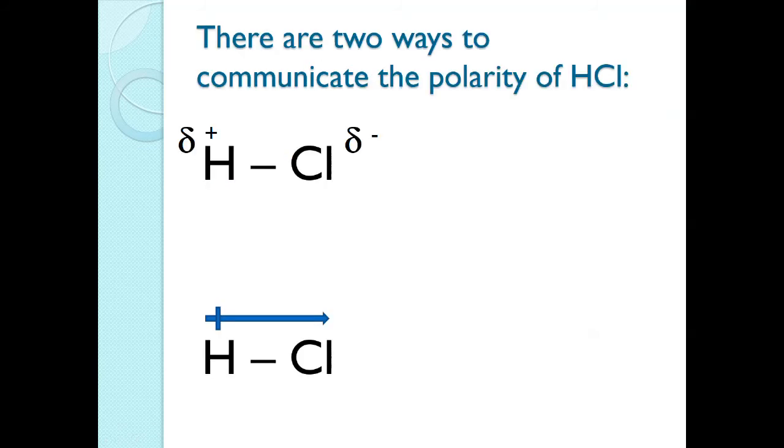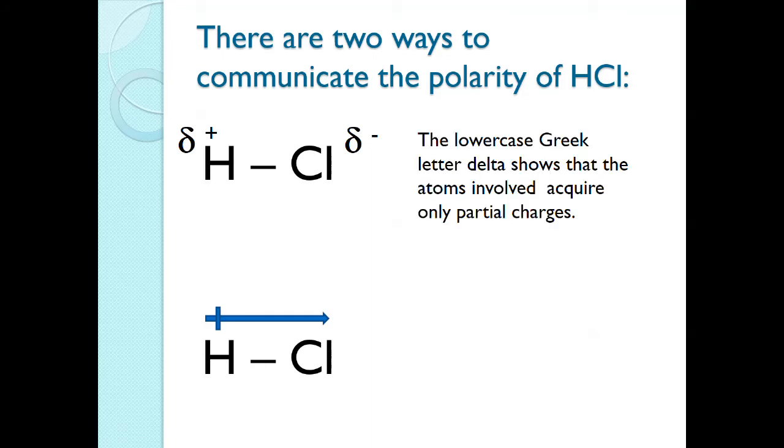There are two ways to communicate the polarity of hydrogen chloride. We can either use these two Greek symbols right here. It's going to be the lowercase Greek letter delta, which shows that the atoms involved acquire only partial charges.